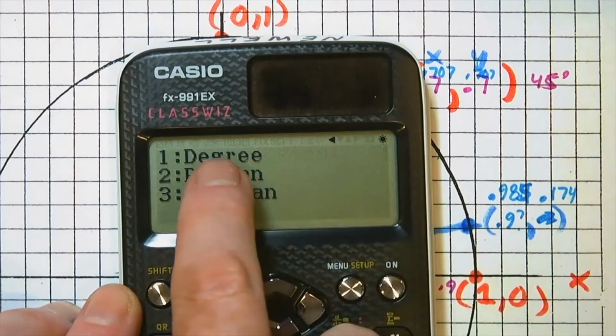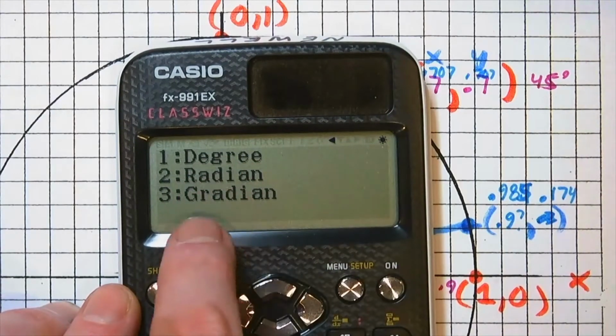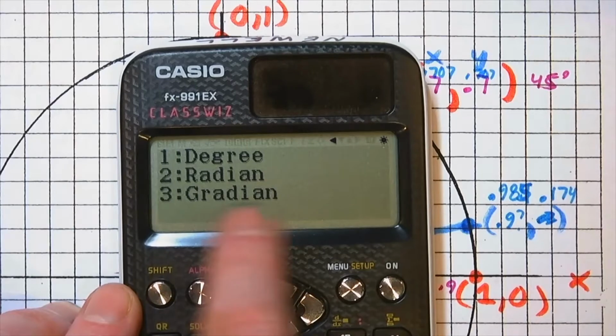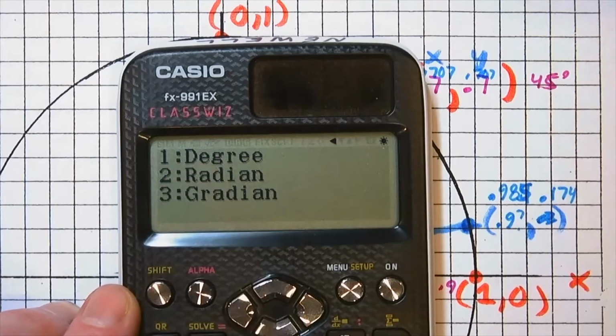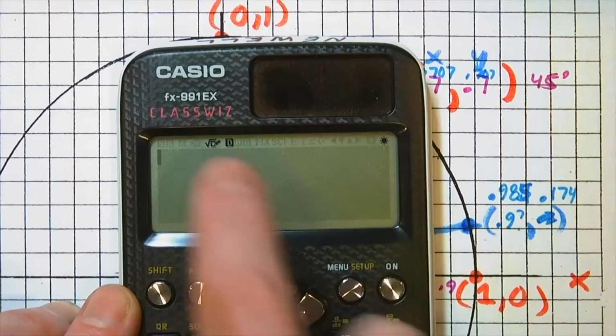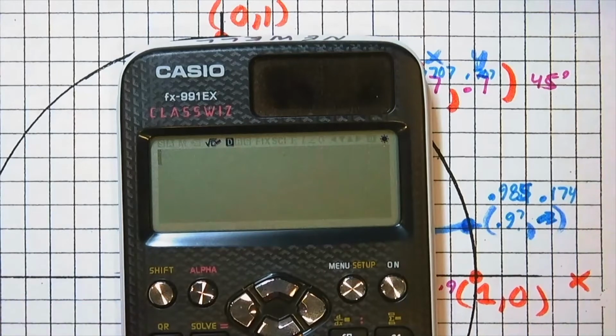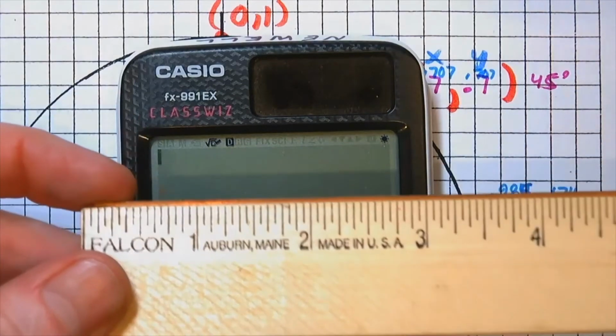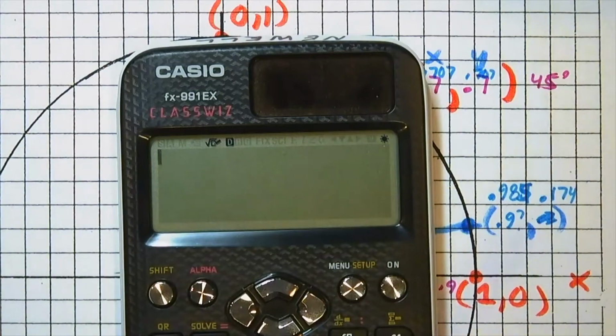Do you want to use degrees or radians, or that one that's out of 100, gradians, but nobody uses that. So I'm going to make sure it's in degree, and see it's got a little D. But the biggest mistake students make, and why they get all their answers wrong, is using the wrong unit. Just like if you were measuring in inches and your friend used centimeters, you'd get all confused, wouldn't you?